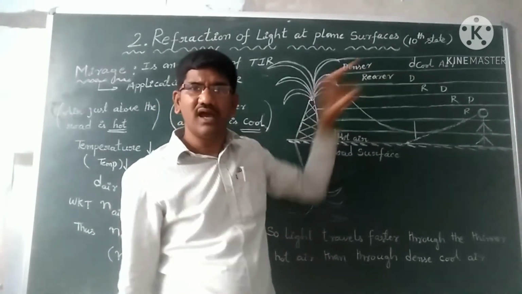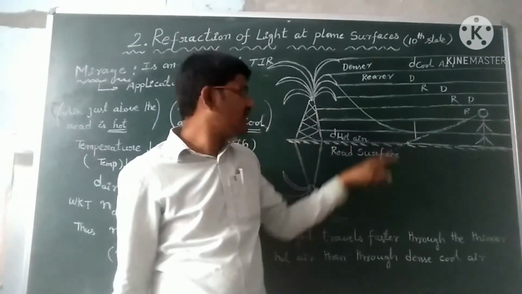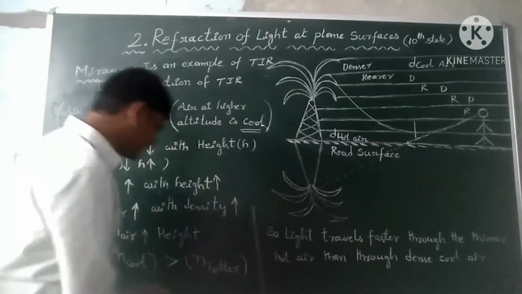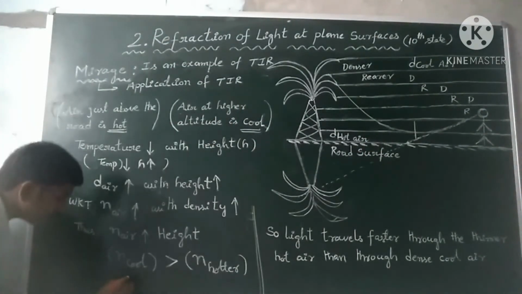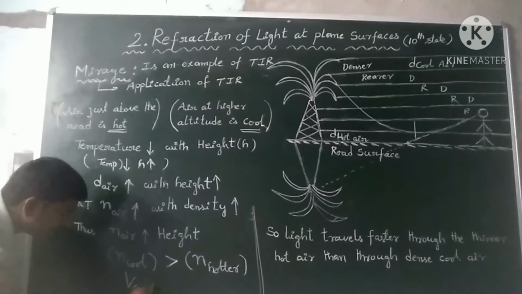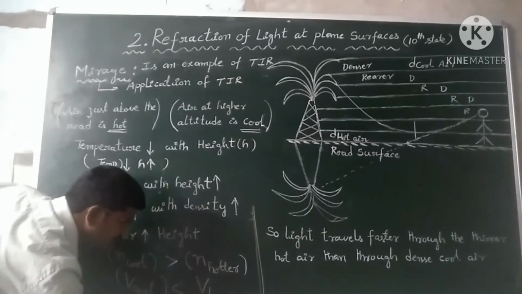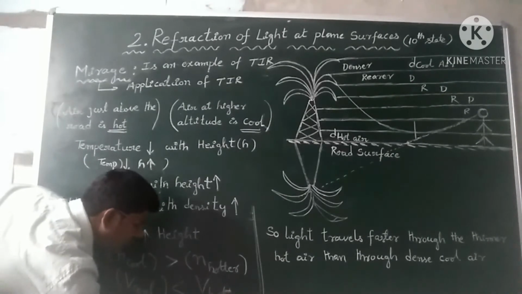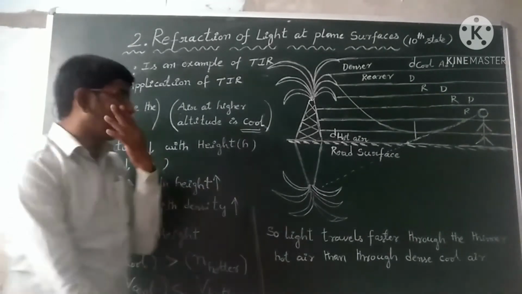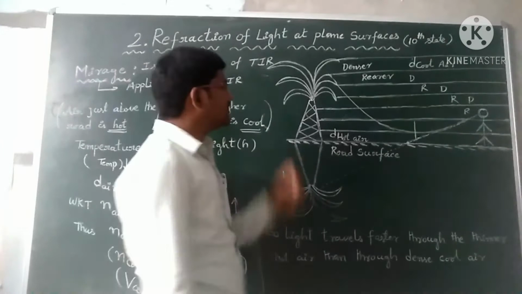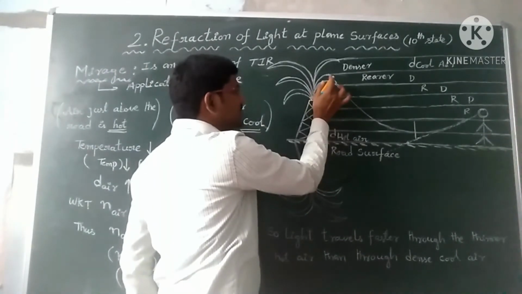Means velocity of light in the cool air is less than the velocity of light in the hotter air. And due to this, now a light ray from this tree.